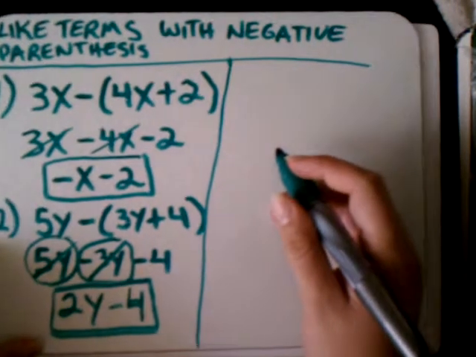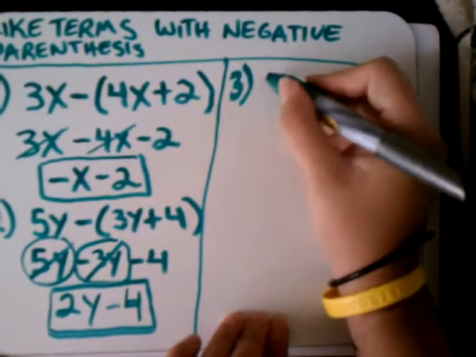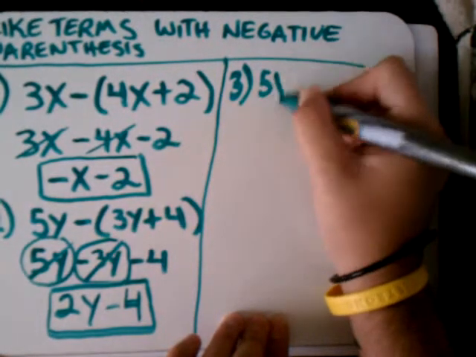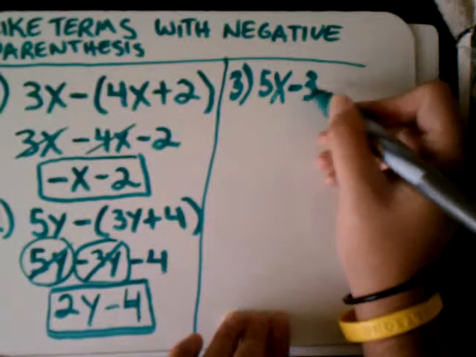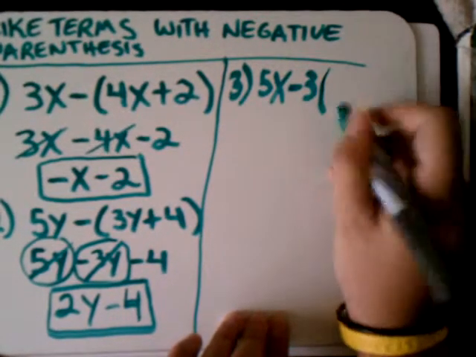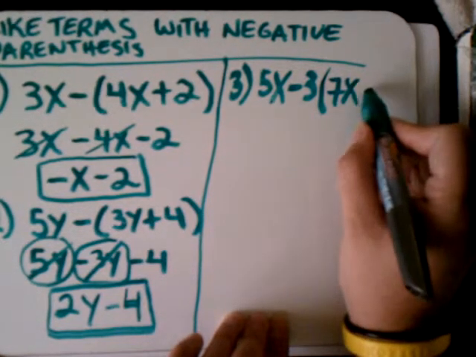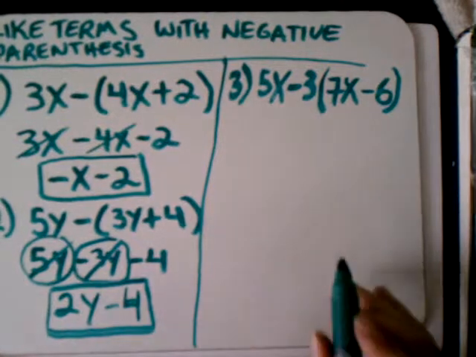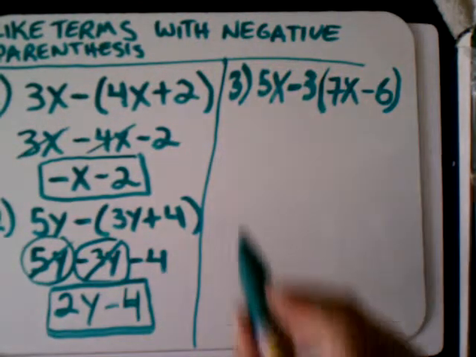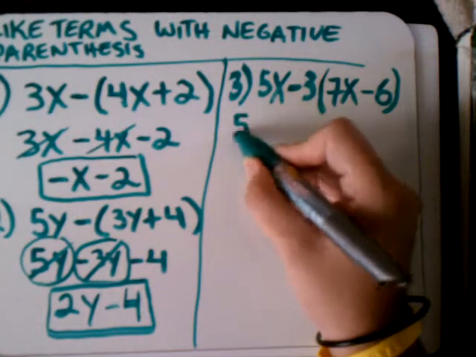Let me do my last example. Example 3. I have 5x minus 3 times 7x minus 6. Okay? Again, the 5x, there's nothing we can do to it, so bring it down.